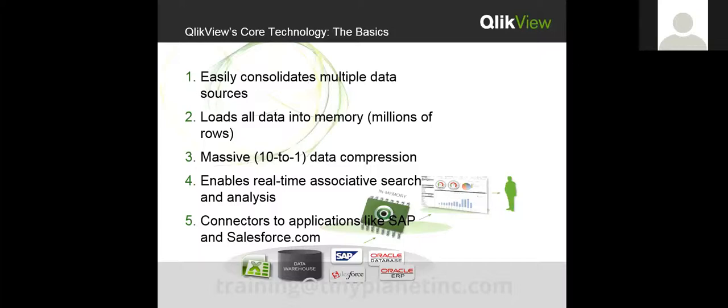If we want to connect to different systems, let's say SAP, we have a connector available. Salesforce, we have a connector available. Even for big data, Hadoop, a connector is available. We also have various forms of data connectivity for ODBC, OLEDB, Excel files, and XML, which makes it very easy for us to fetch data from various sources, consolidate, prepare data, and provide it to the user.